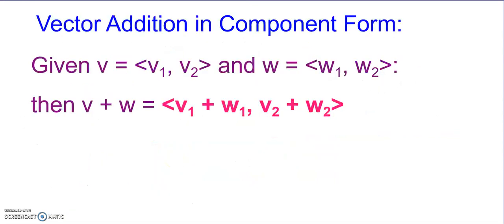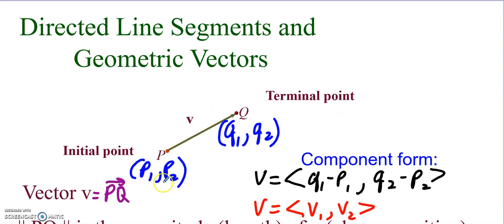Excellent. Moving on, what about vector addition? Well, if it's in component form, vector addition is really, really easy to do. So if we need to add two vectors, and I have some vector v, which has v1 and v2 as components, and vector w, w1 and w2, those are the components. Just a side note, it's really important that we understand this bracket notation so that we know that this is the component form of a vector as opposed to a point.